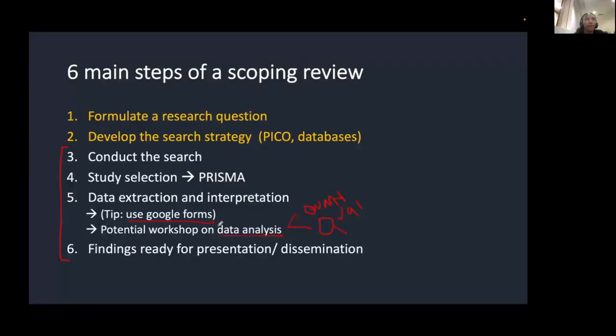And once we have analyzed data, then we could start to explain these findings, discuss these findings, and present or publish those findings. So hopefully this is what we'll be able to achieve today, and then we can have a bit of a discussion on the next step in our Q&A section.